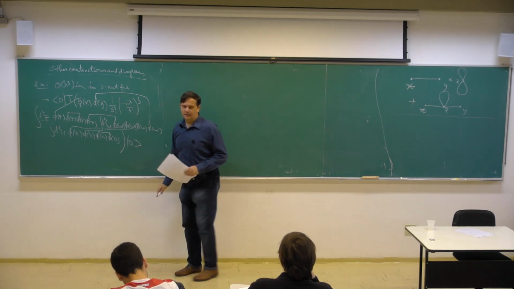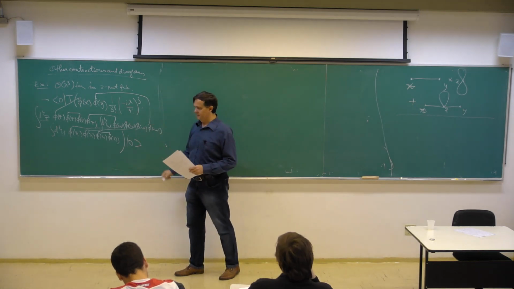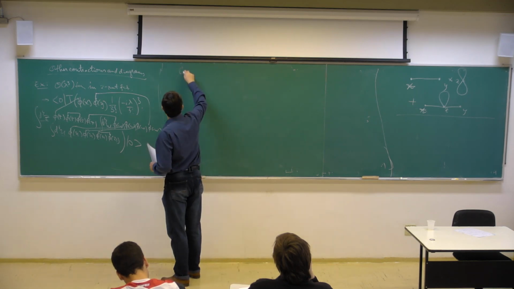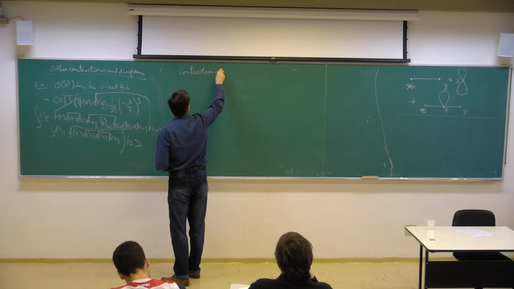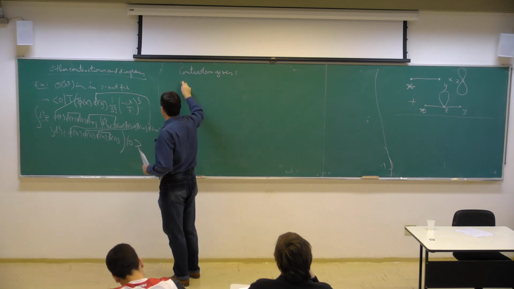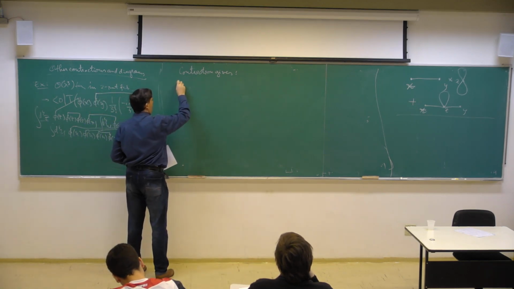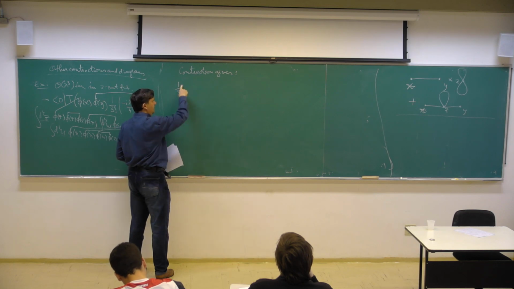So this is a particular contraction among the many total contractions possible, and the result of this contraction is what? Well, first of all, let's write the combinatorial factors outside.